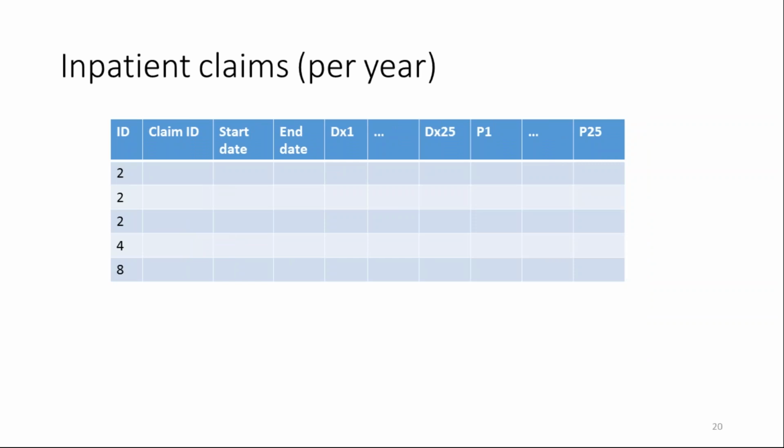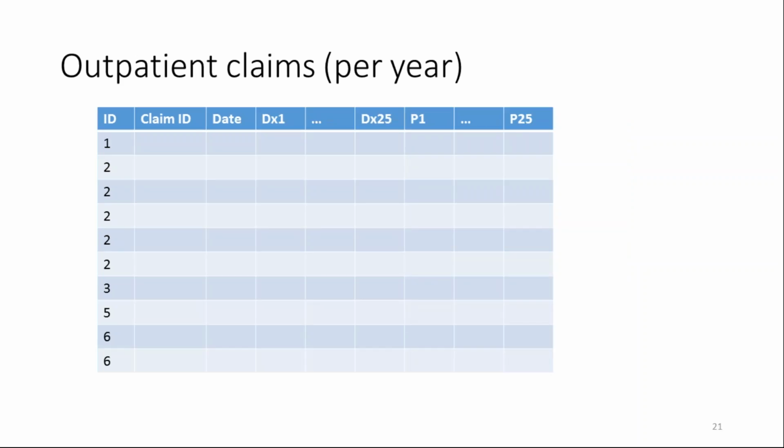And then they're going to give you an inpatient claims file. So if a person has 3 hospitalizations over the time frame you requested, they're going to have 3 records. Each visit's going to have an ID attached to it, and then a start and an end date for when that happened, and then the diagnoses attached to that visit, as well as the procedures attached to that visit.